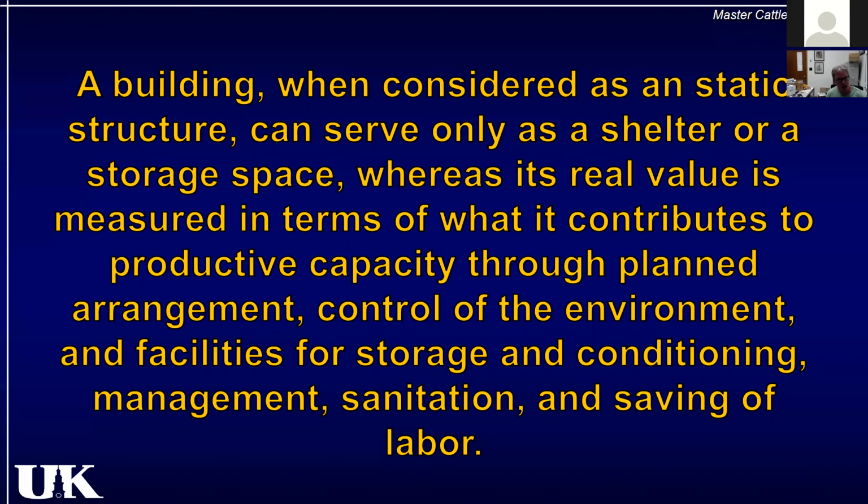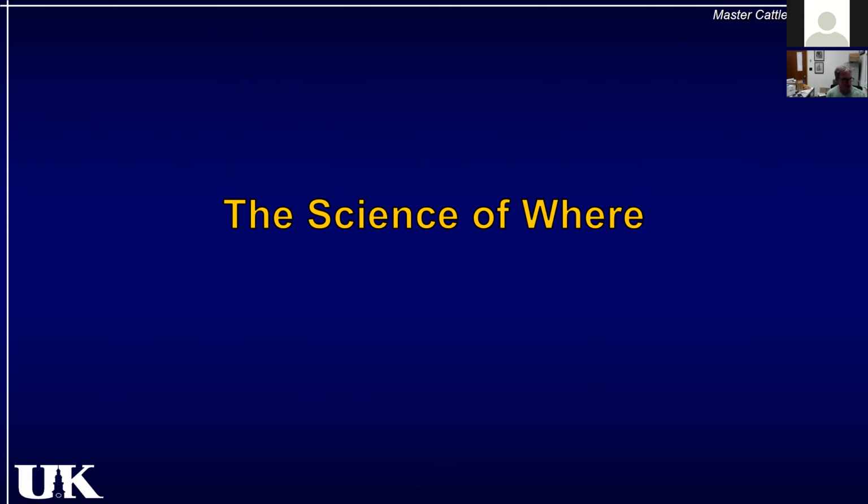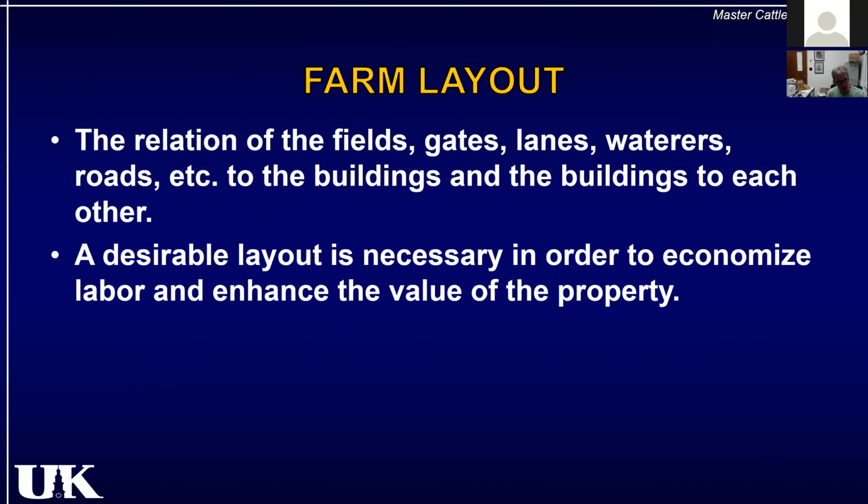So now we're going to shift, and basically we're going to talk about the science of where, all right? So we talked a little bit about farm layouts as far as the feeding layout. Where's the barn? How are you moving? What's your path? But you really need to look at the entire farm, okay? A farm layout is basically a relation of the fields, the gates, the lanes, the waters, the roads, etc., to the buildings, and the buildings to each other.